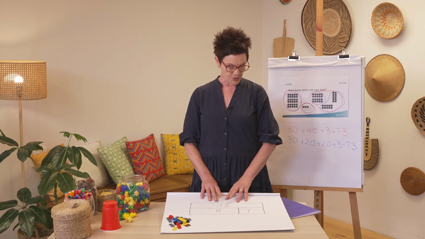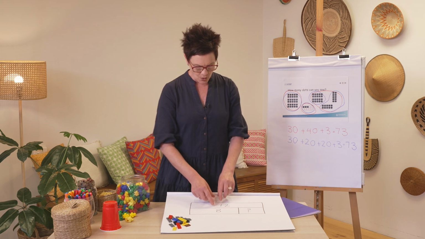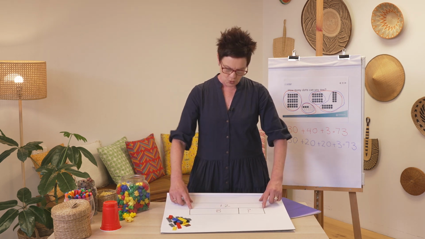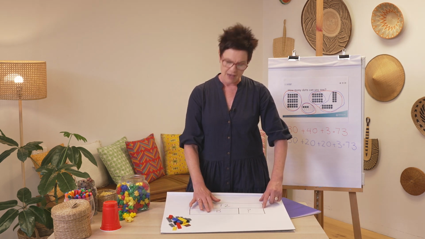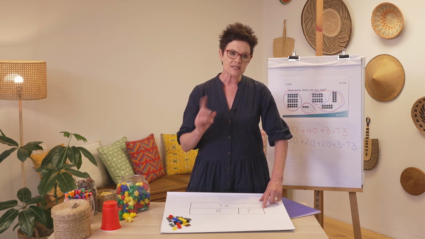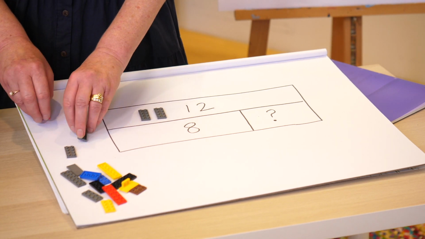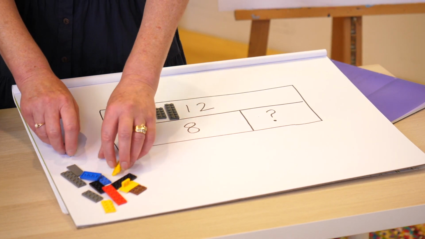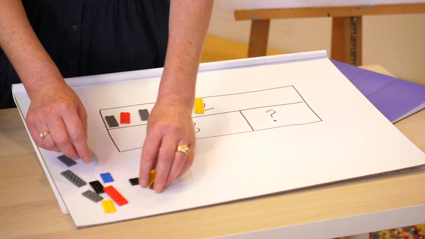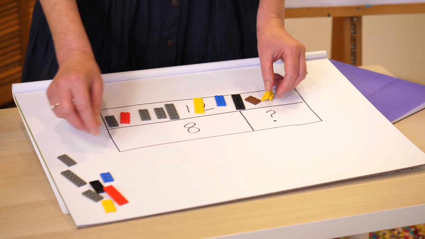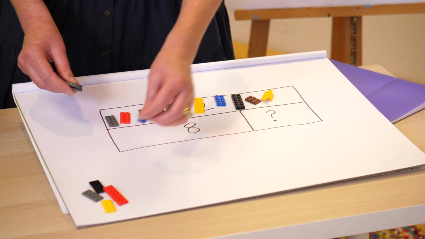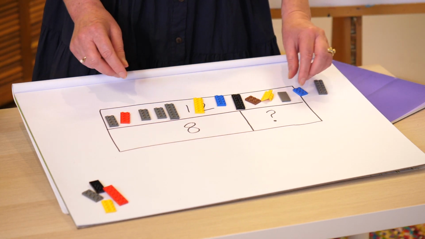We've got an interesting predicament here. We know that our whole is 12 and that we have 8 parts. Let's model that now. Got some Lego here to help me with our 12 parts. And because I am so good at counting by twos, that's how I'm going to check I've got my 12 parts.